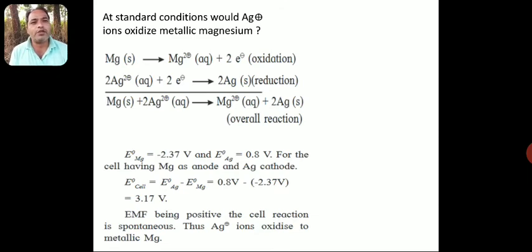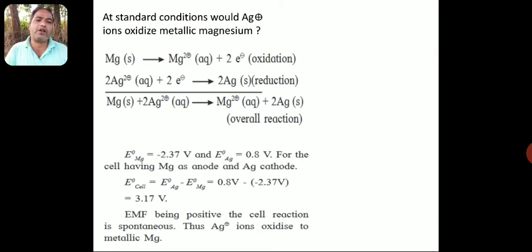Then 2Ag+ plus 2 electrons, that means these 2 electrons are accepted by Ag, and it becomes neutral 2Ag. So reduction takes place, and the overall or net cell reaction is Mg plus 2Ag+ gives Mg2+ plus 2Ag. So this is the redox reaction.